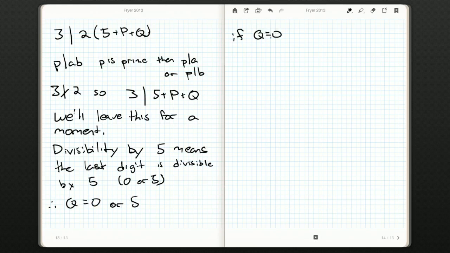If Q is 0, which it's entirely possible that it is, then 3 divides 5 plus P plus Q is 3 divides 5 plus P plus 0. 3 divides 5 plus P. Once again, P is not a leading digit, so it can be anywhere between 0 and 9.